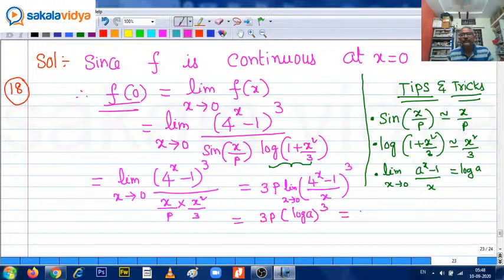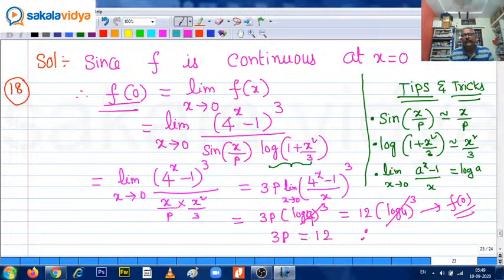That is 12 times log 4 whole cube. This is predefined in the question itself. So log 4 whole cube cancels, and 3p is equal to 12. Therefore p equals 12 by 3, which is 4. Answer is 4.